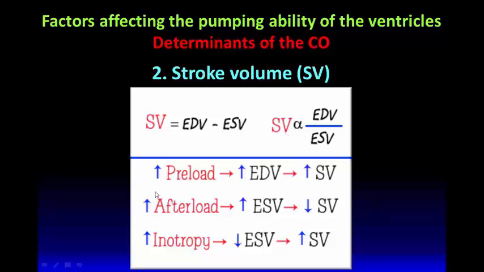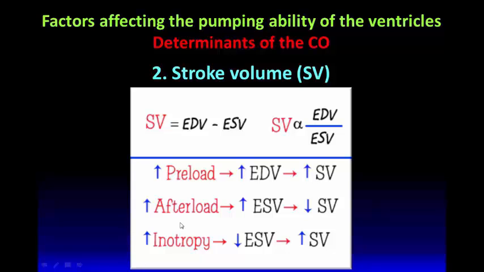An increase in the preload increases the end diastolic volume, hence increases the stroke volume, while an increase in the afterload increases the end systolic volume. Hence, stroke volume is decreased because stroke volume is inversely proportional to the end systolic volume.